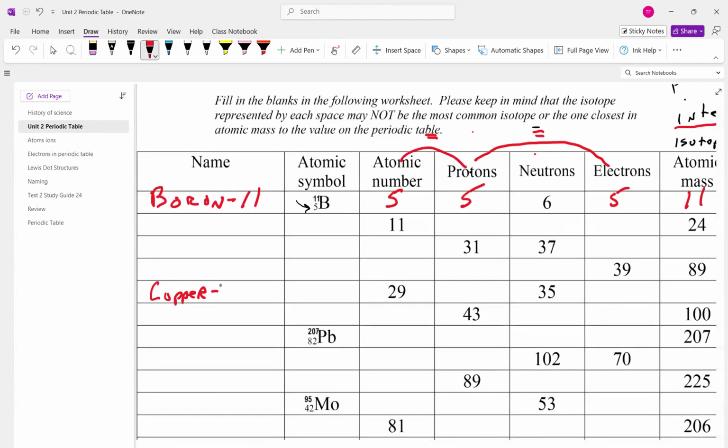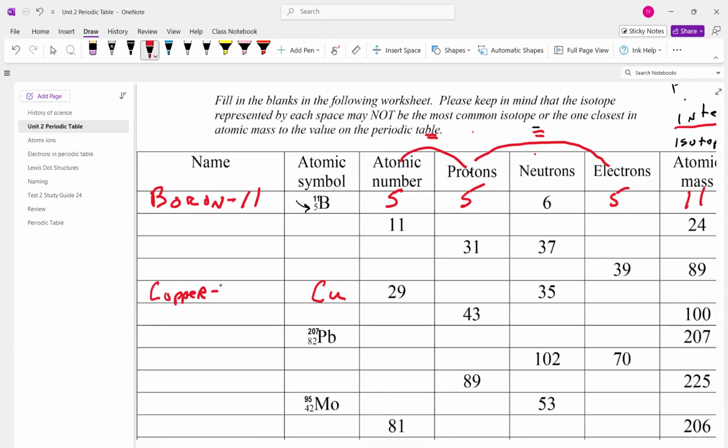Well, you don't know what isotope number it is yet. All right. What's the symbol for copper? Big uppercase C, lowercase u.